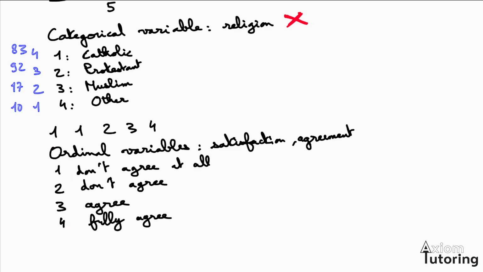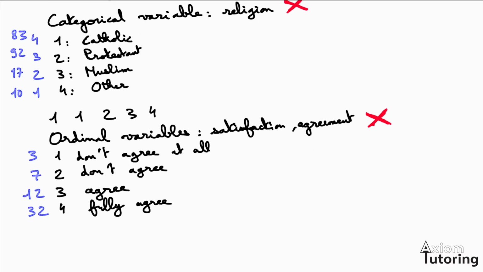Instead of 1, 2, 3, 4, I could have picked, let's say, 3, 7, 12, and 32, because we're not arguing that there's any unit of measurement. And given that I can pick different values, I cannot calculate a sample mean for that type of variable. So for ordinal variables, similarly, we cannot use the sample mean.